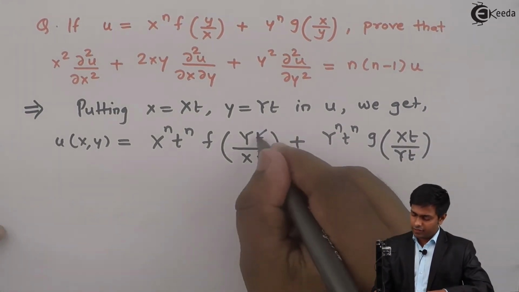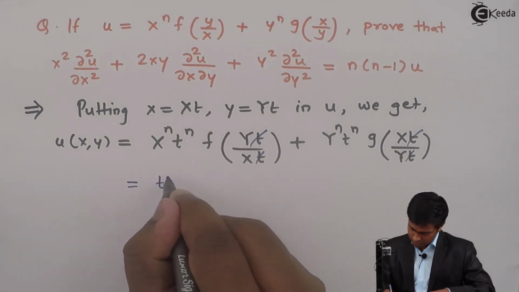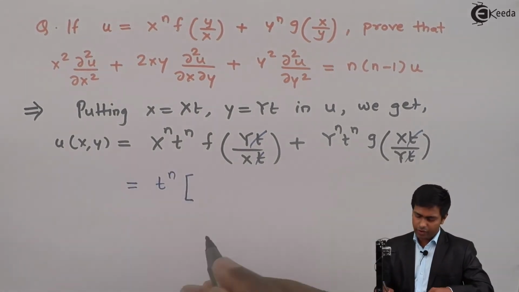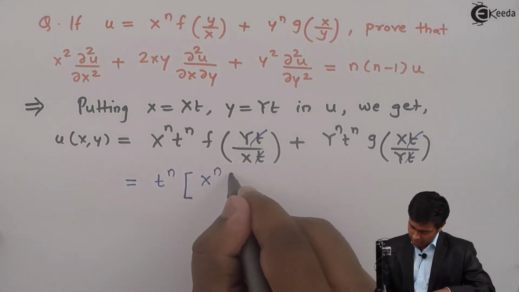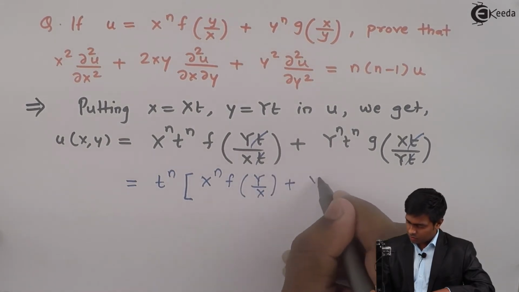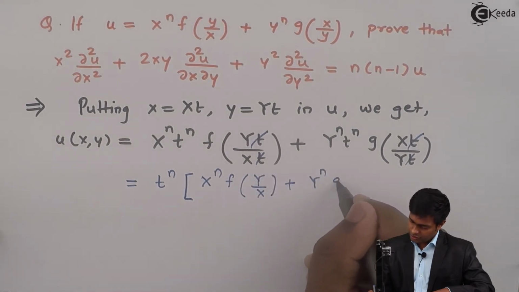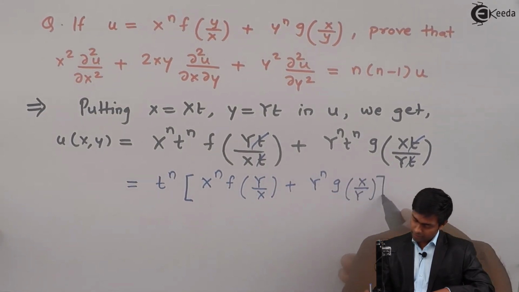Next, this t will be cancelled. We can take t raised to n common, and in the bracket we will get x raised to n f of y by x plus y raised to n g of x upon y.